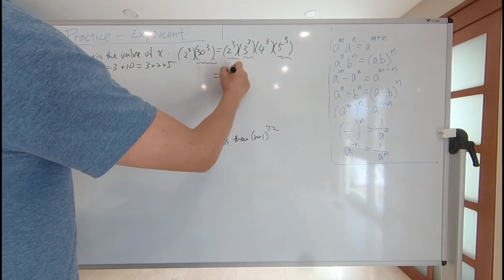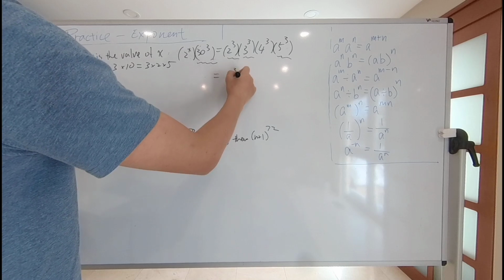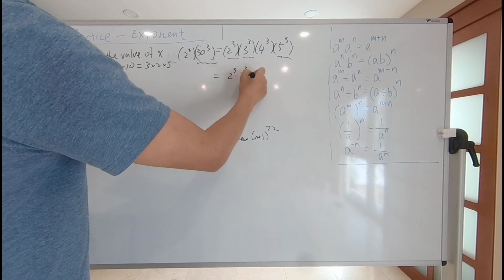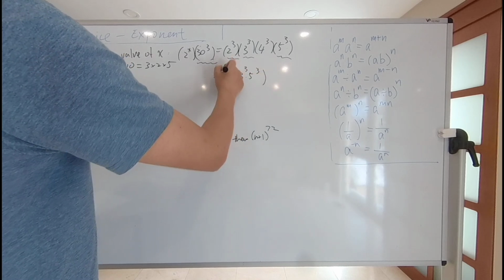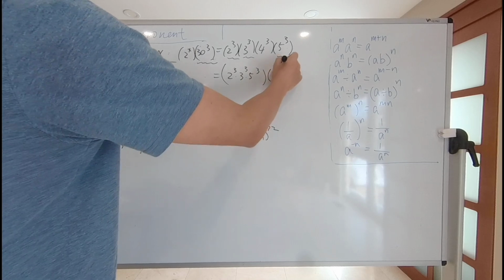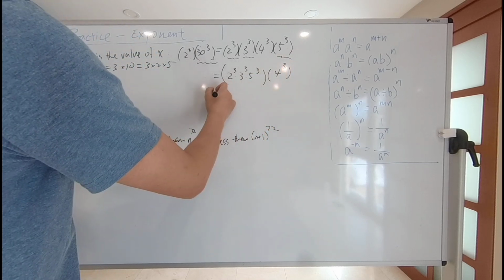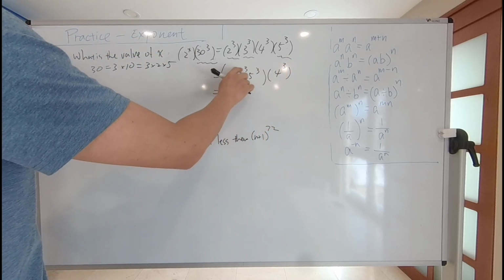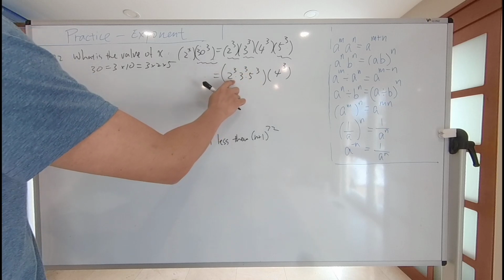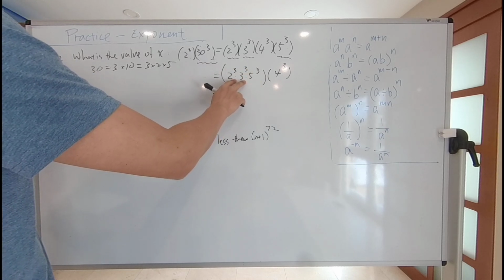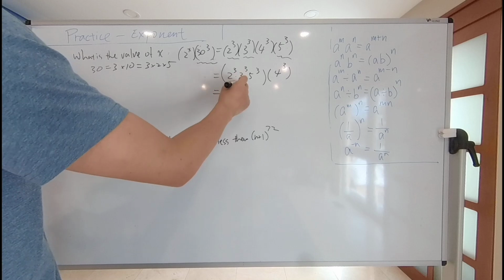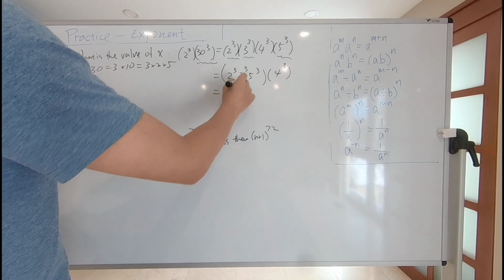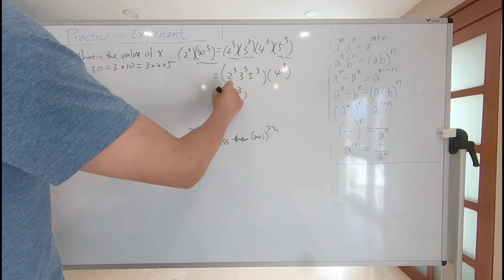So this means if I'm writing the first 3 together, don't forget the other term, and then this, because they have the same power, it's equivalent to multiplying the base numbers first. So 2 times 3 times 5 is 30, and the power is 3.